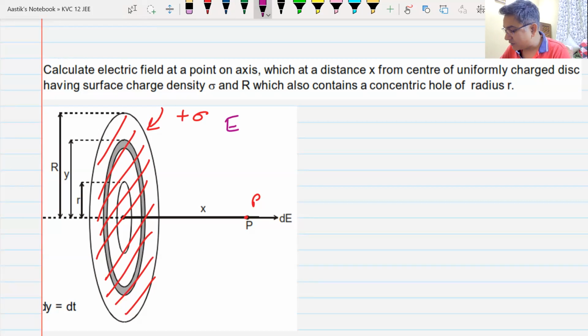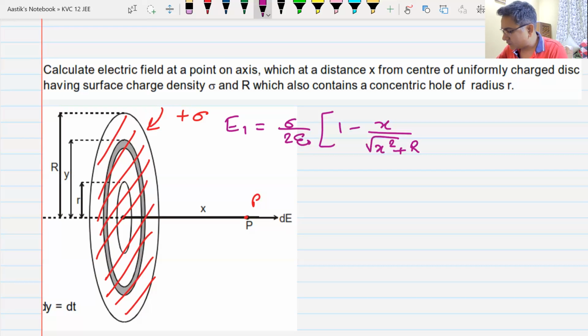So electric field, let me call this E1, will be sigma by 2 epsilon naught into (1 minus cos theta). But here theta is not given, so tell me the value of cos theta. It was x upon under root of x square plus R square.